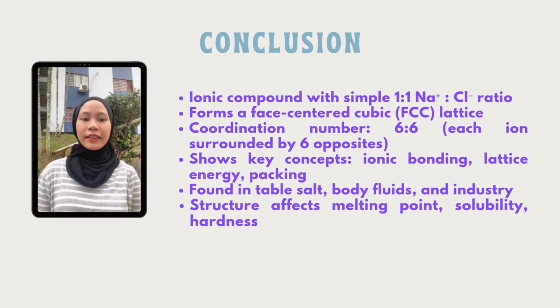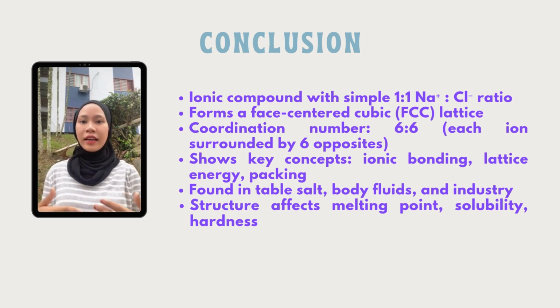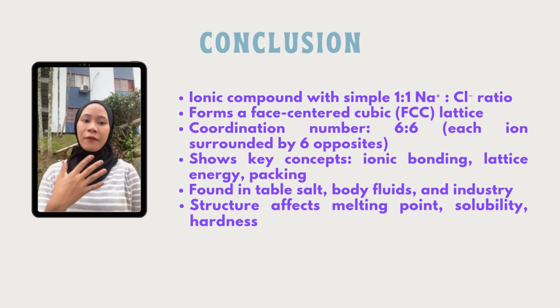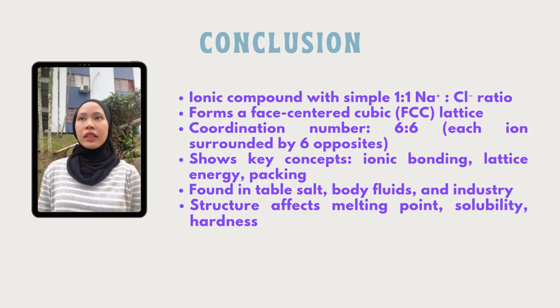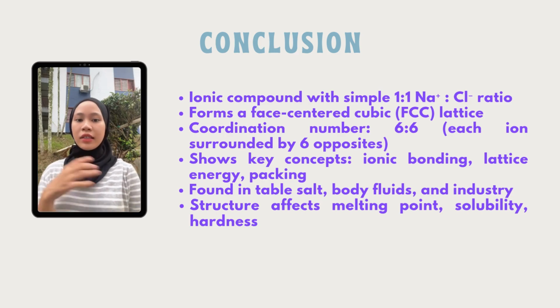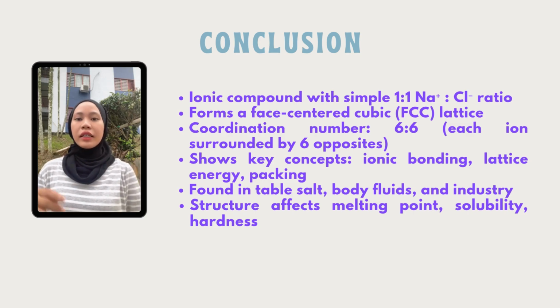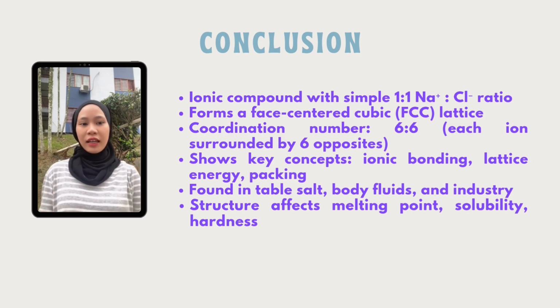So to conclude, the rock salt structure is an elegant and fundamental example of how an ionic compound is built. With the face-centered cubic lattice, the coordination number is 6 and a simple 1:1 ratio. Sodium chloride illustrates many key principles of solid state chemistry.